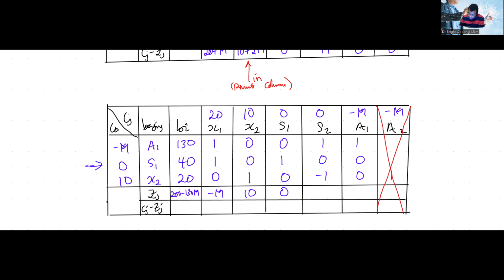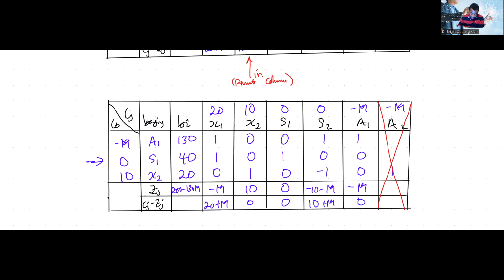So that is negative 10 minus negative M. So 20 minus that will be 20 plus M, 10, 10, 0, 0, 0, 0. That S2 is 10 plus M, and this is it, M.